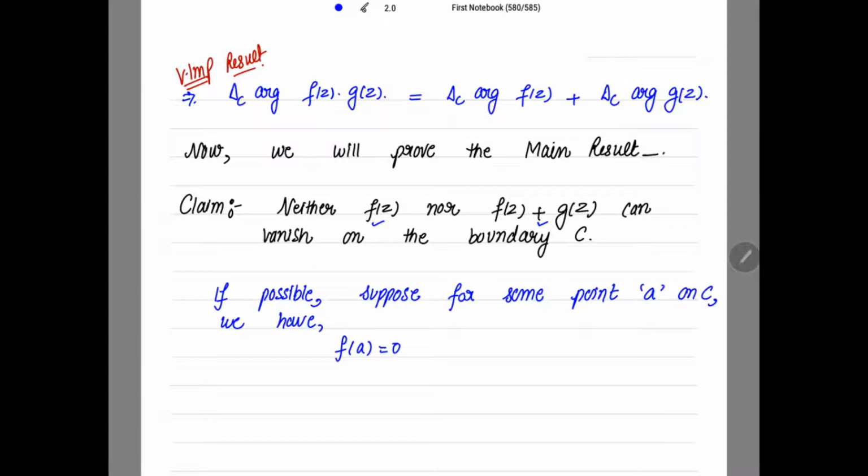It is given to us, which means mod of g(A) is strictly less than mod of f(A), but mod of f(A) is equal to 0, which means mod of g(A) is less than 0, which cannot be possible. Why? Because mod is a positive quantity, right? So mod of g(A) cannot be less than 0 because it is a mod, of course. So this is not possible.